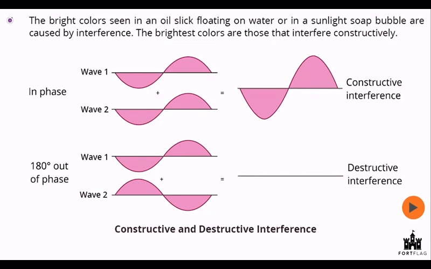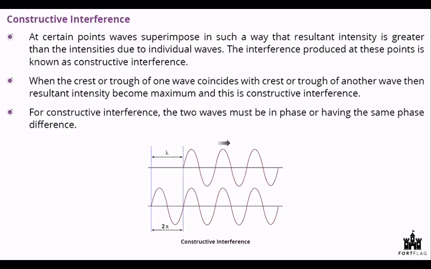Constructive interference: a very important property is that the path difference between the two waves should be an integral multiple of the wavelength. Then you will get constructive interference.